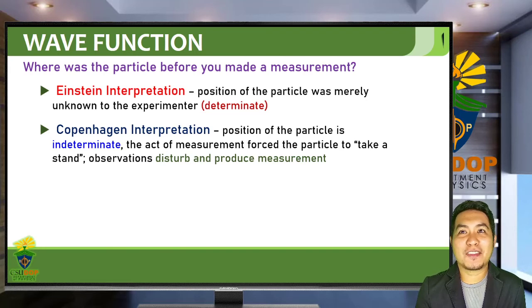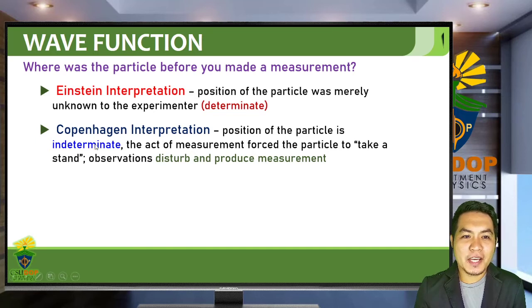There's no such thing as destiny. There are no determinate values. So in the Copenhagen interpretation, the position of the particle is indeterminate, meaning the particle wasn't really anywhere. It's unintuitive because this is not the quantum world, and we, the experimenters, are classical beings. So there's a limitation to what we can determine.